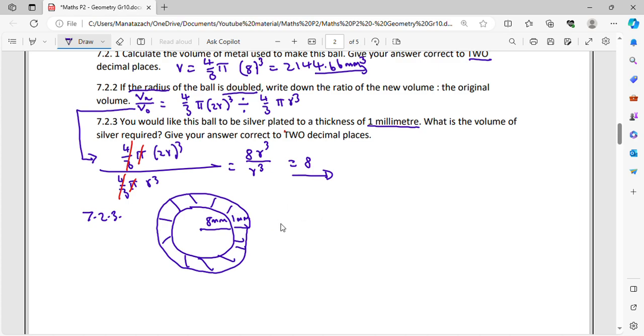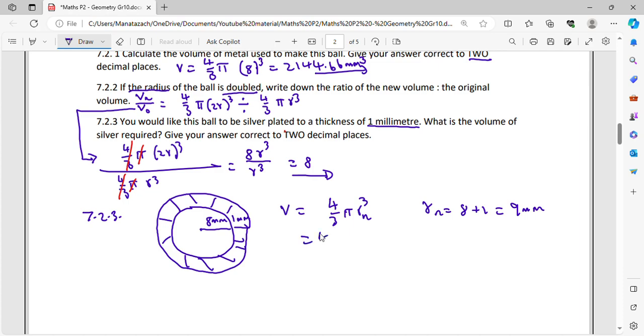Let's calculate the volume together, and then we'll calculate the volume of the plate itself. The formula will remain the same. The radius will be the new radius, which is 8 plus 1, which is 9 millimeters.